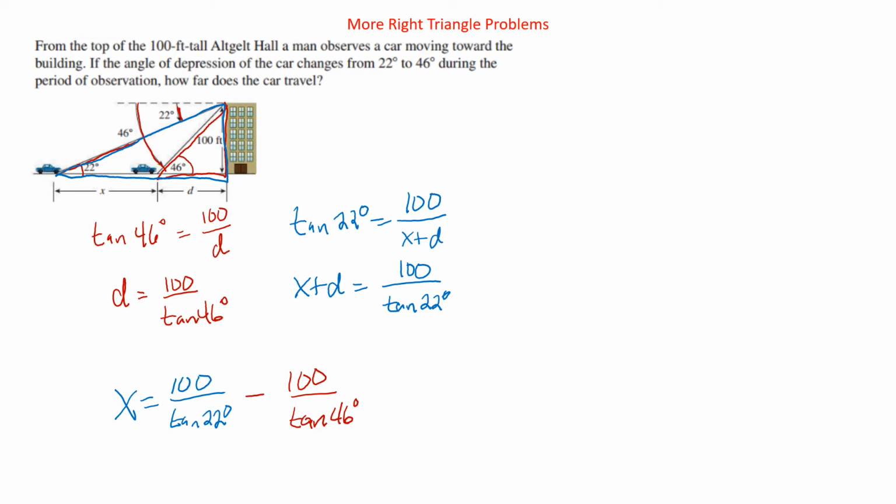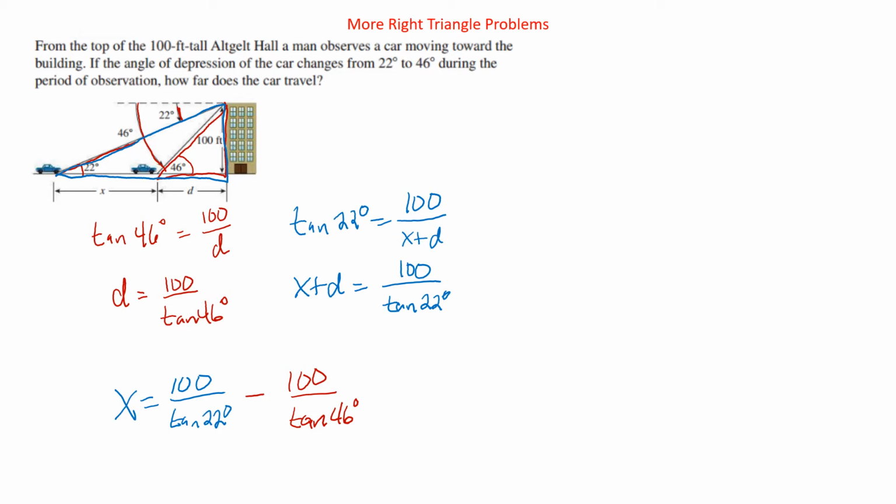Like in my calculator, I would probably go tangent of 22 equals, 100 divided by that last answer equals, tangent 46 equals, 100 divided by that answer equals. And then I would take my two answers and I'd subtract them. Always going up into the calculator, never writing it down and then retyping those numbers. Save the values in the calculator itself.